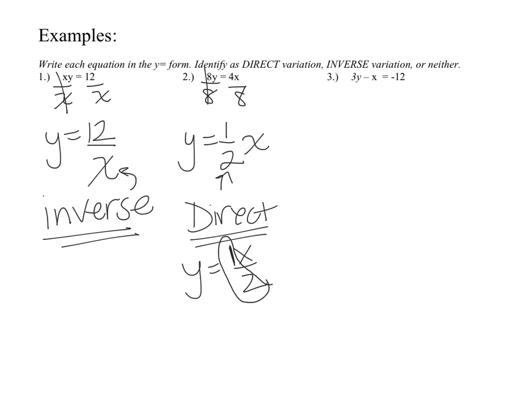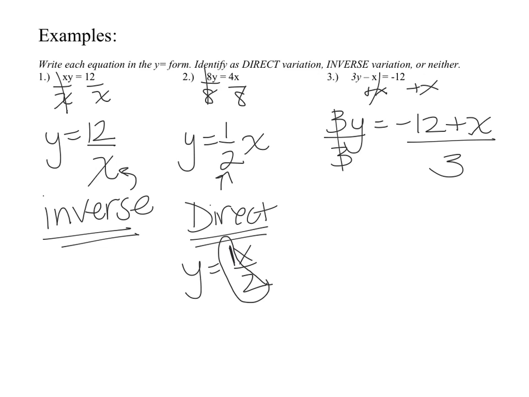So this one, direct. The next one, yeah, it's going to be neither. But to get y alone, remember, you're going to add x to both sides. You're going to get 3y equals negative 12 plus x, then divide everything by 3. So this is just going to be a regular linear equation, but it has a y-intercept. So we're going to have y equals negative 12 divided by 3 is negative 4.